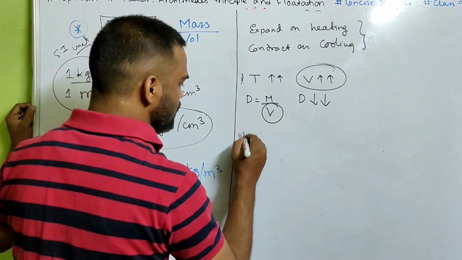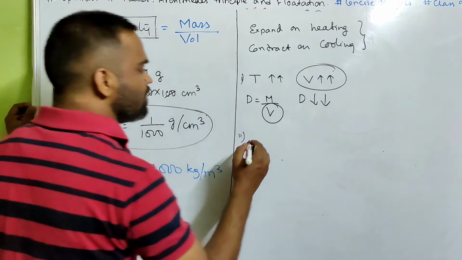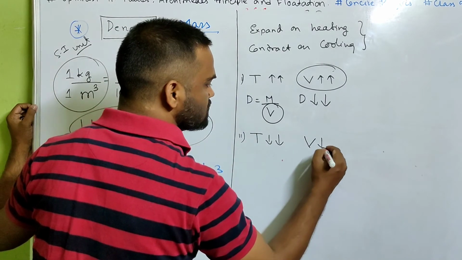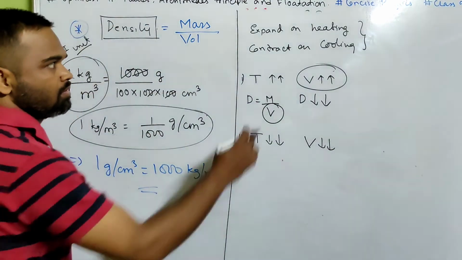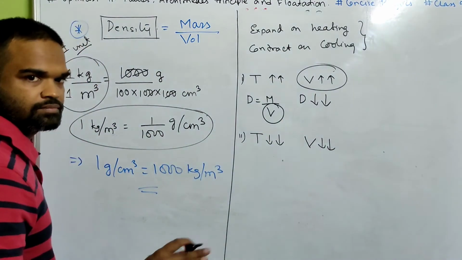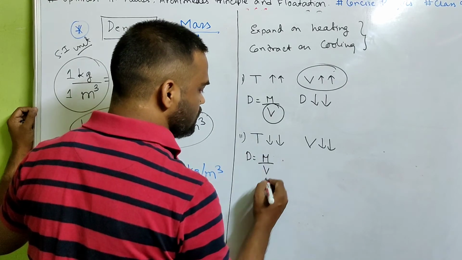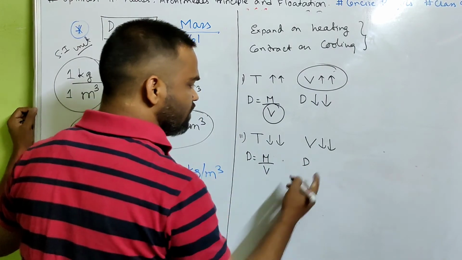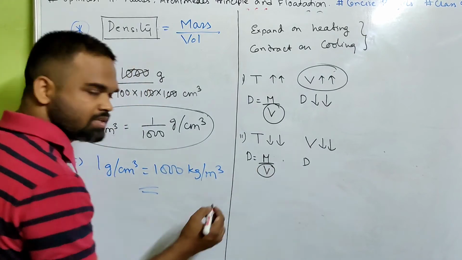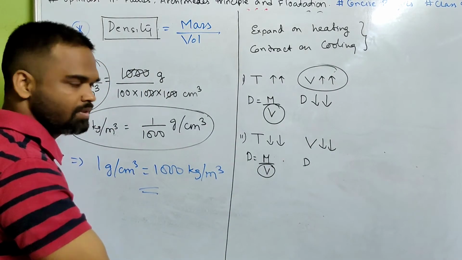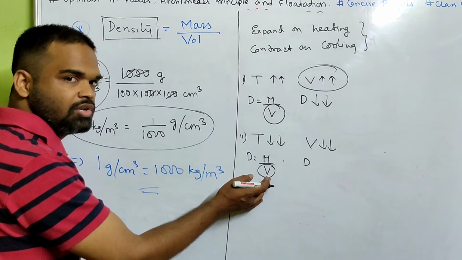Now, number 2. What happens when you decrease the temperature? Now, volume decreases, contracts on cooling, isn't it? Which means density equals to mass by volume. So if volume decreases, don't you think the value of density will increase because we are decreasing the denominator.